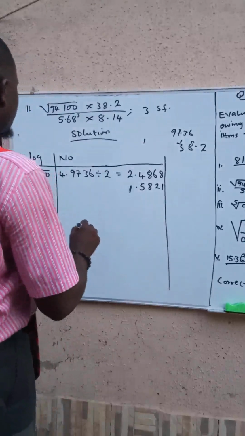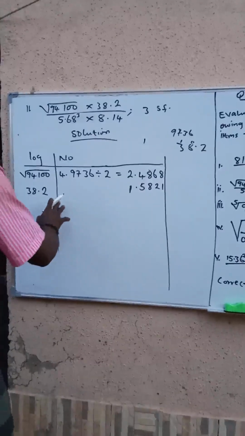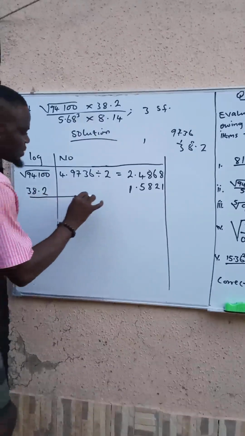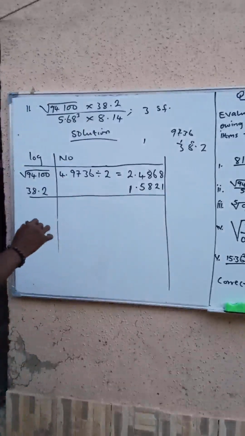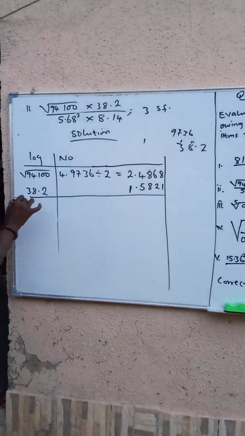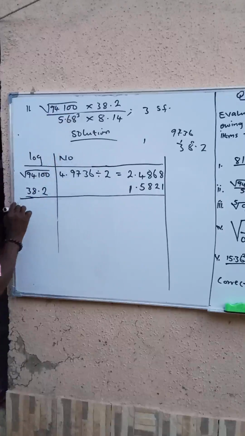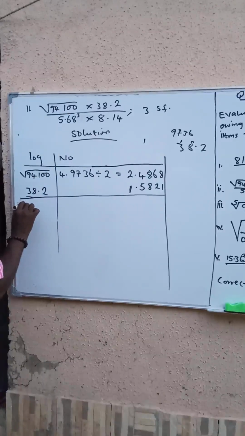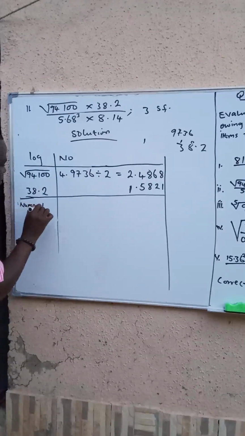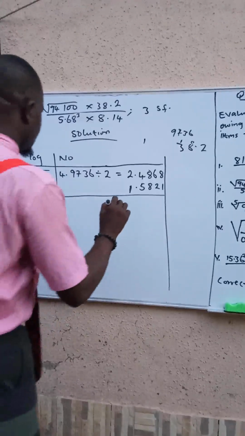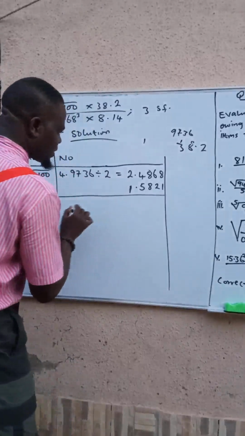Now, apart from this 5821 here, you have to draw your line. Good. You have to draw your line so that we now know what you are working on. This one we'll call the numerator. The numerator. Good. Now, since we have drawn this, we have to put this one here.